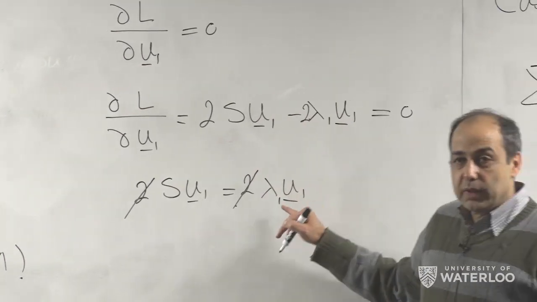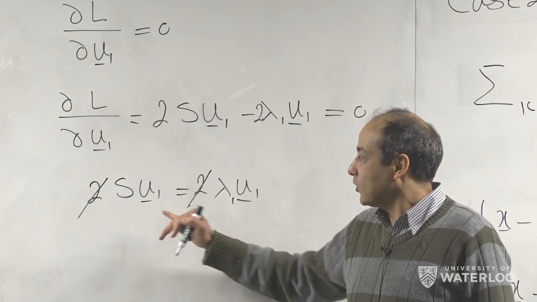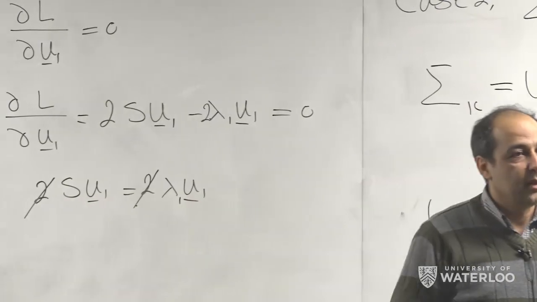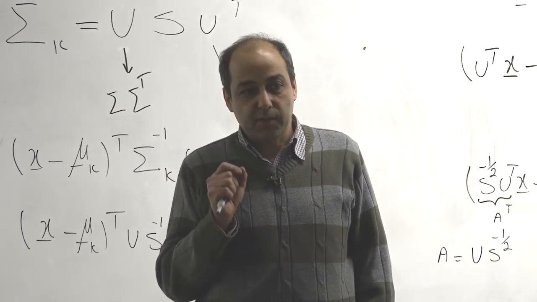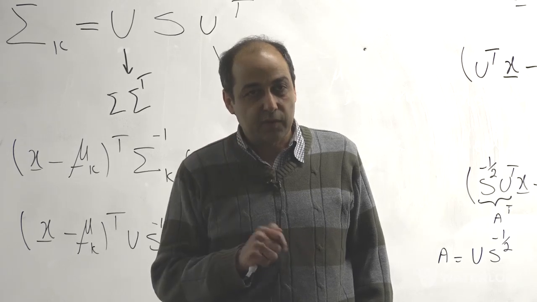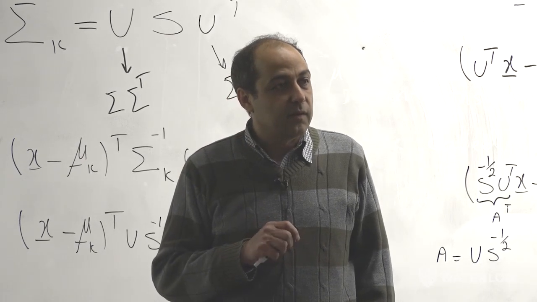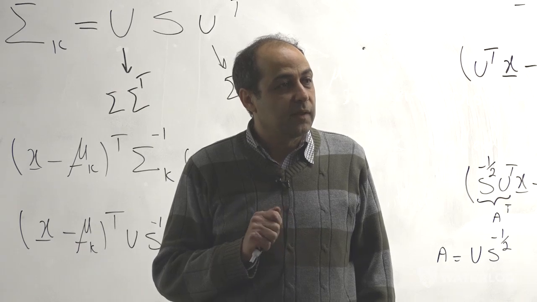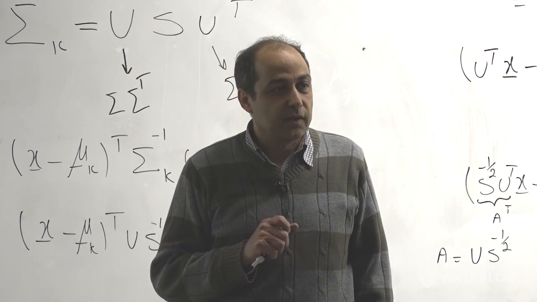Here u is a vector, lambda is a constant, a scalar actually, and S is a matrix. So what does this equation mean? A matrix times a vector is a scalar times the vector. Yes? Lambda is a singular value? Singular value or?